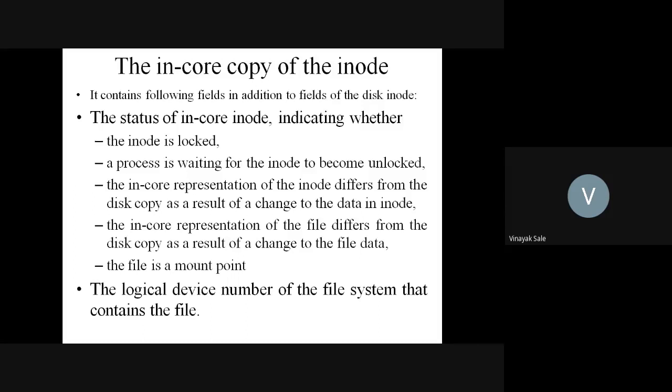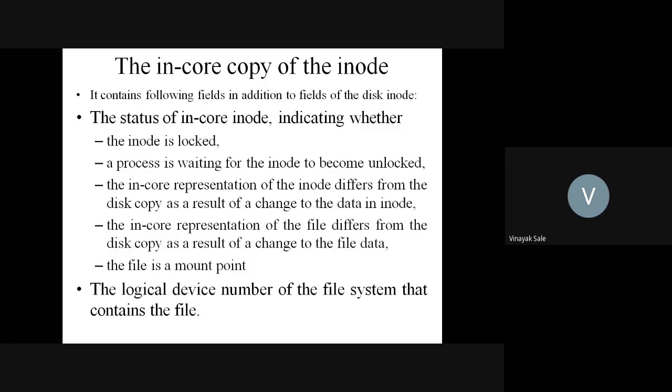The next point is the in-core copy of the inode. It contains the following fields in addition to the fields of the disk inode. The status of the in-core inode indicates whether the inode is locked, and whether a process is waiting for the inode to become unlocked.